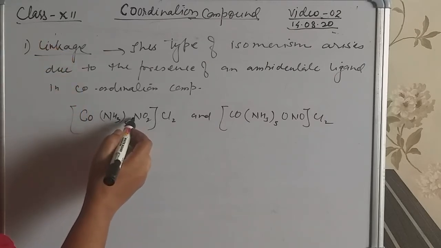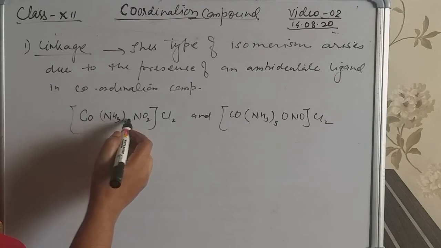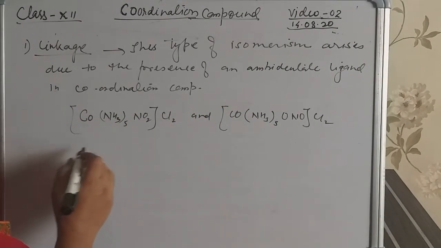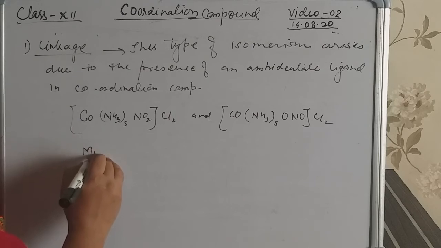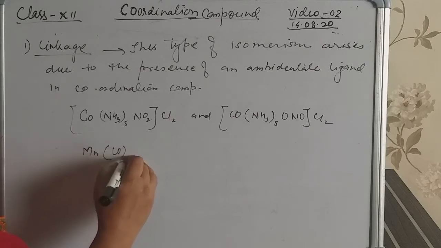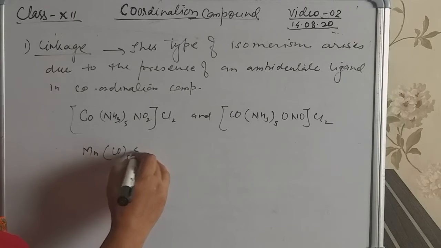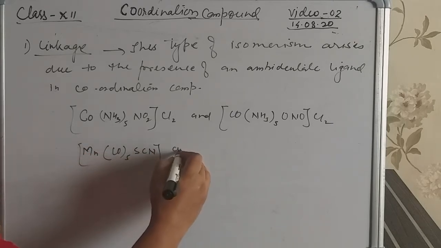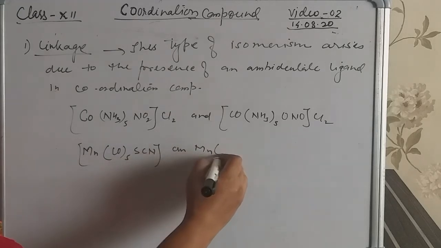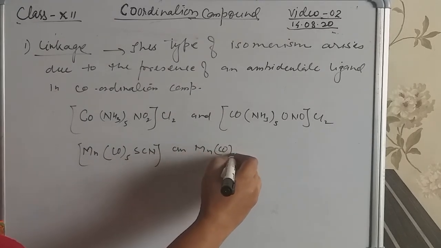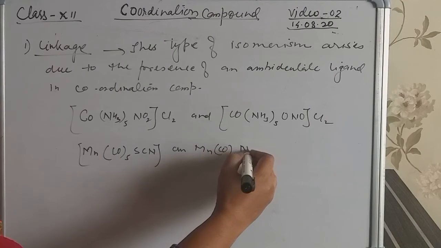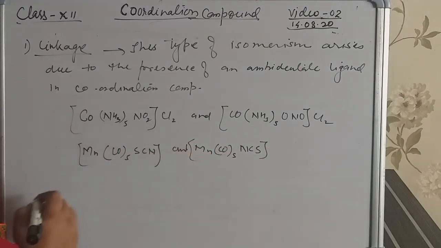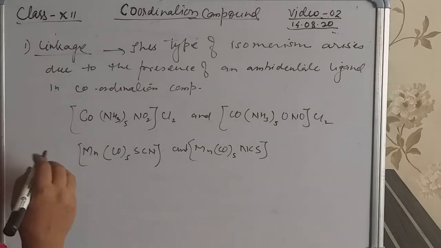One time the linkage is from the N side, one time the linkage is from the O side. In this way, another example, Mn(CO)5SCN, suppose, and Mn(CO)5NCS. So this is the example of linkage isomerism.